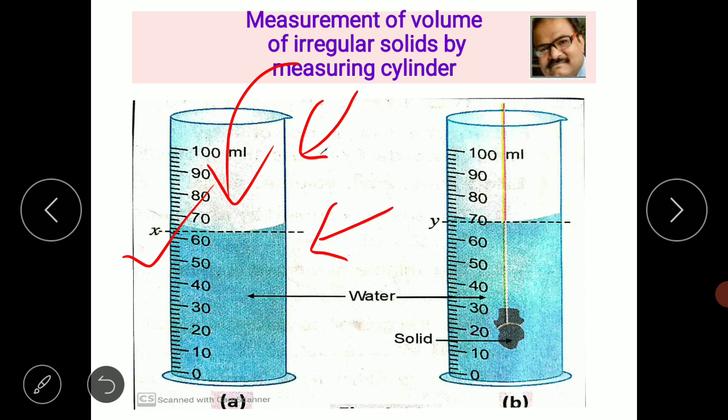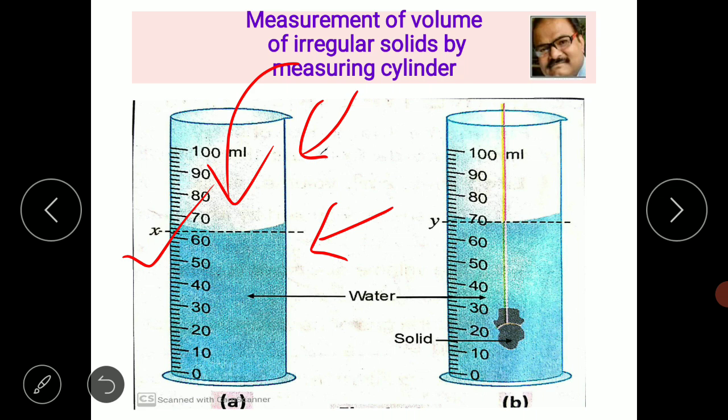Now what we do? The irregular solid whose volume is to be determined is tied with the help of a thin cotton thread, and gradually it is lowered into the graduated cylinder in which we have taken water, and we have marked the X level.